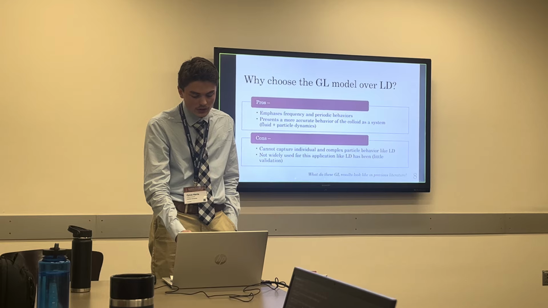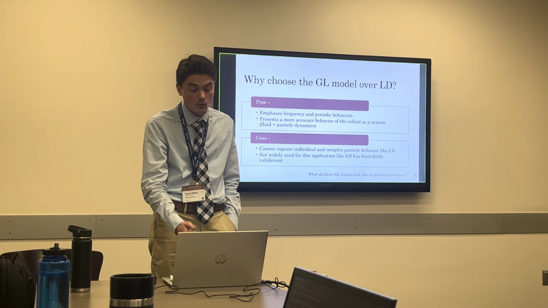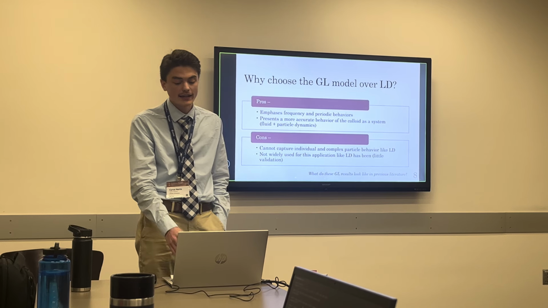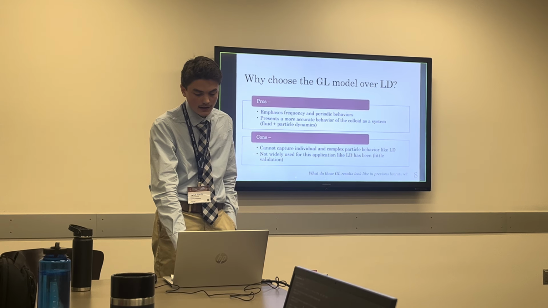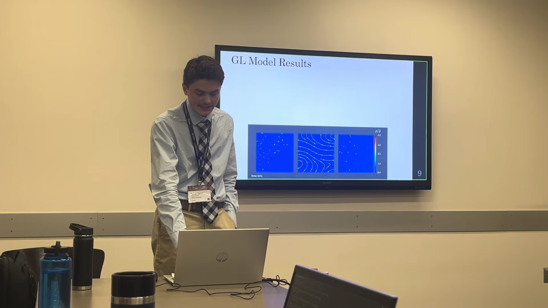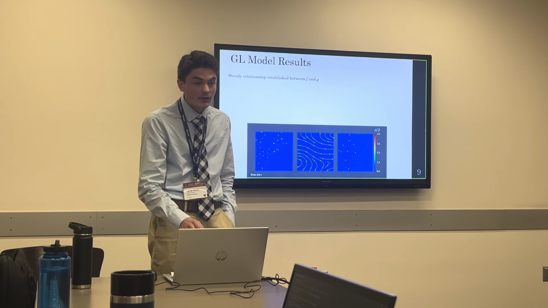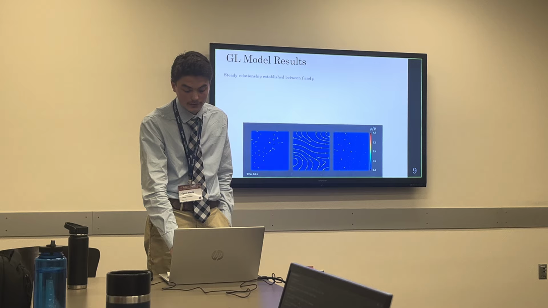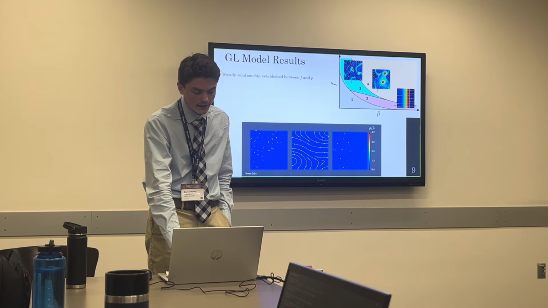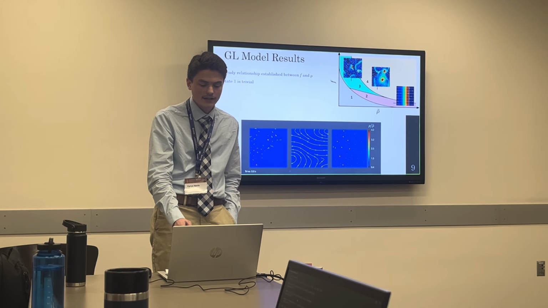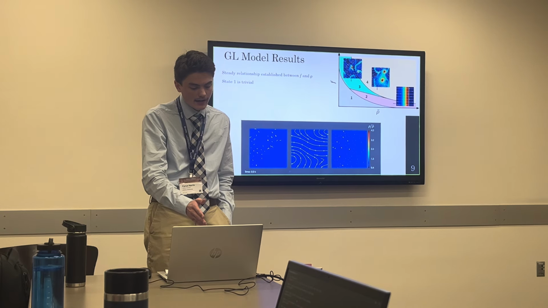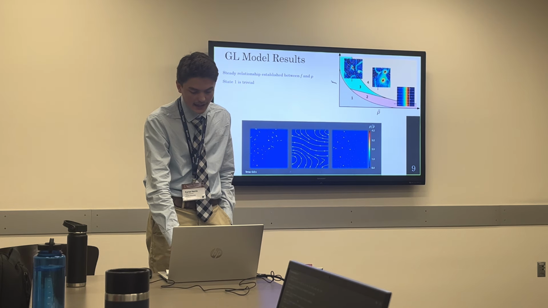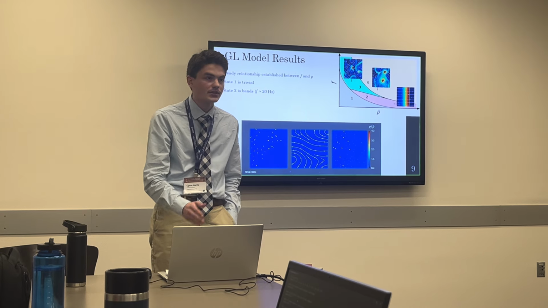But one question that we could ask is, what do these GL results look like in previous literature? One such example showed a very steady relationship between the frequency and the density, which I thought was extremely interesting. You can see that here. State one in this demonstration is trivial, so you basically have no motion. State two, you can start to see bands forming.